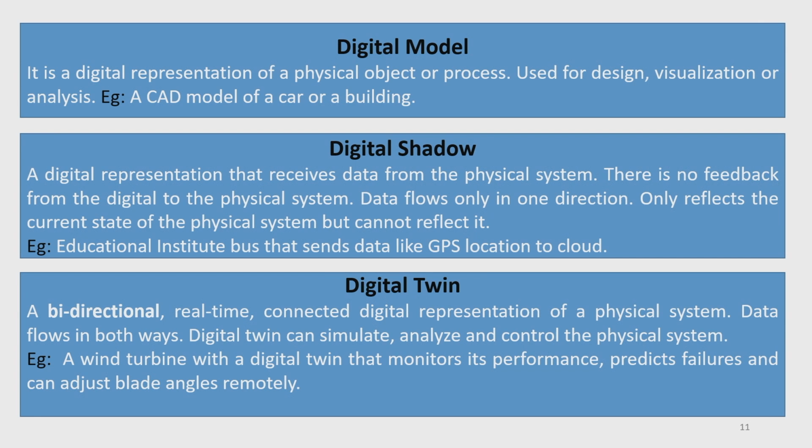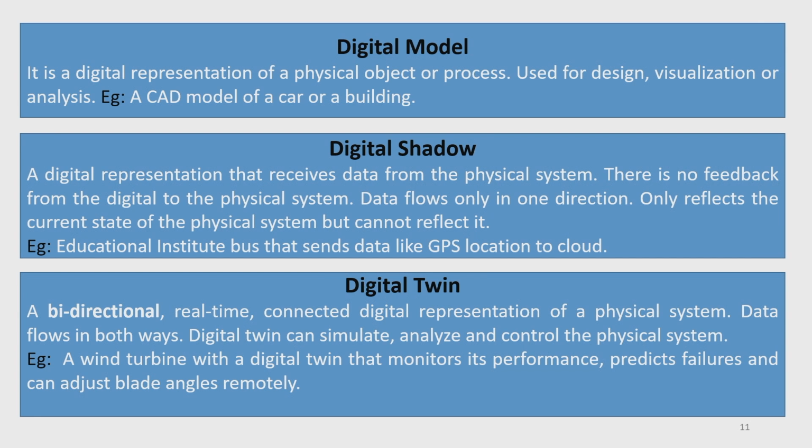Data flows only in one direction and only reflects the current state of the physical system, but cannot modify it. For example, an educational institute bus that sends data like GPS location to the cloud. So you can know that your bus has been caught in traffic, but you cannot do anything there. You can only get information about that system, like on your screen or camera, where something is.